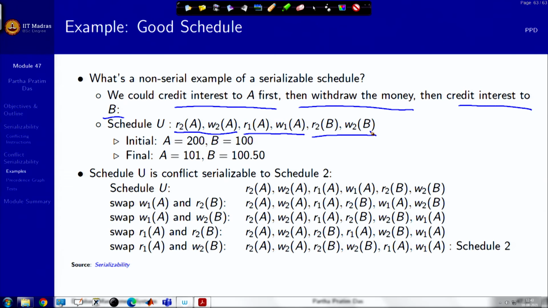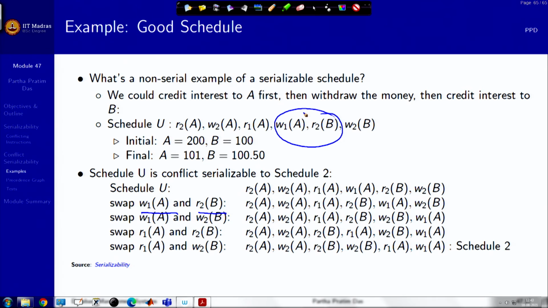So, how do you get there? If I have this schedule, how do I say that this is conflict serializable? I say look at every individual pair: W1 A and R2 B can be swapped. Then W1 A and W2 B can be swapped.